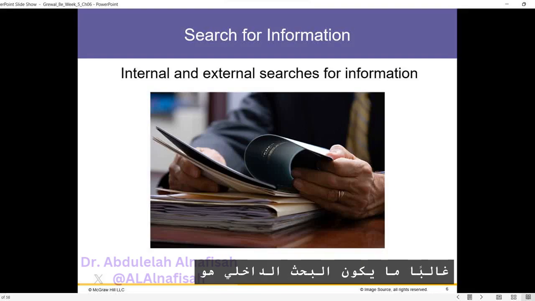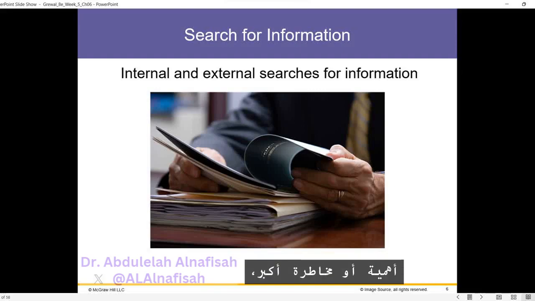Internal search is often the first step in the information search process, as it is convenient and requires no additional effort or cost. However, when the information obtained from internal sources is insufficient, or when the product carries greater importance or risk, consumers may engage in an external search for information.